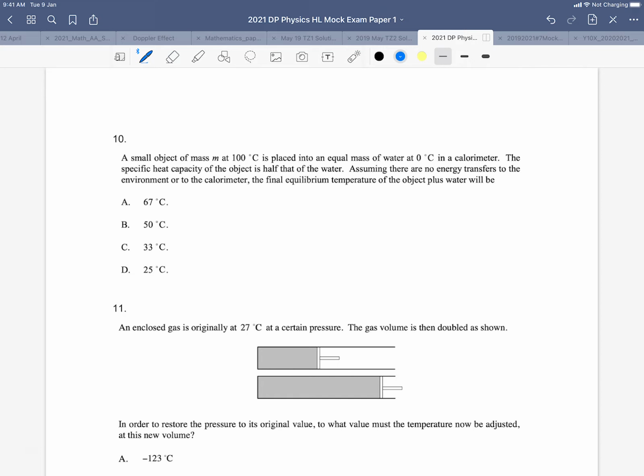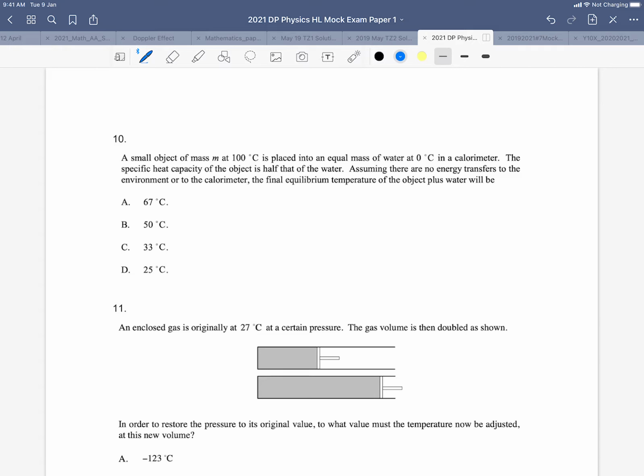Okay, on to thermal. Some calorimetry here. Small object of mass m at 100 degrees Celsius placed into an equal mass of water, and so on. Assuming there are no energy transfers to the environment, the final equilibrium is... Okay. Well, something is losing energy, something is gaining energy.